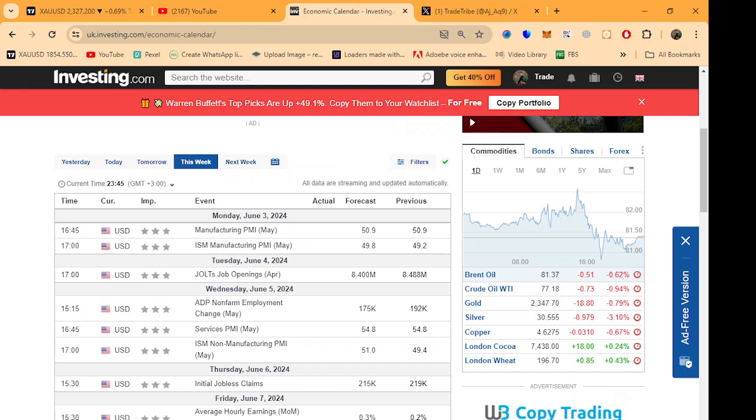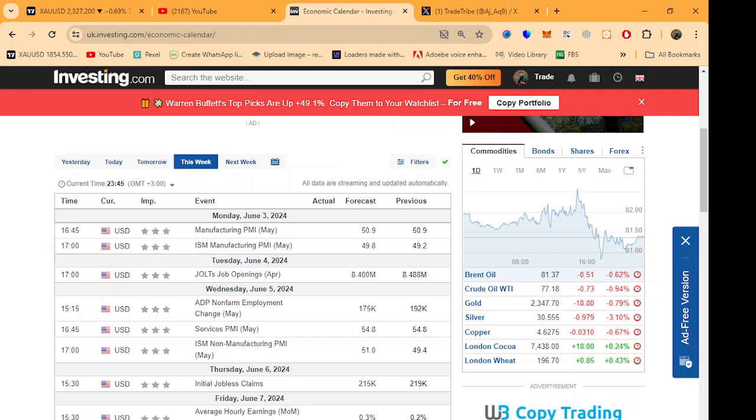On Tuesday, under job openings, previous job openings were 8.488 million. This time round they are forecasting a decrease, to about 8.4 million. If it happens like that, it will weaken the dollar.